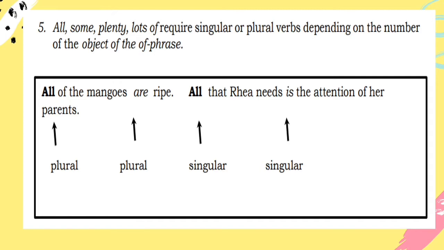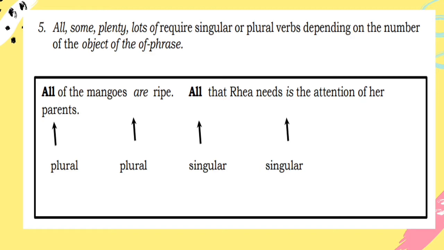All, some, plenty, lots of require singular or plural verbs depending on the number of the object of the phrase. Let's see the examples. All of the mangoes are ripe. All refers to the mangoes and it is plural, so it requires a plural verb.